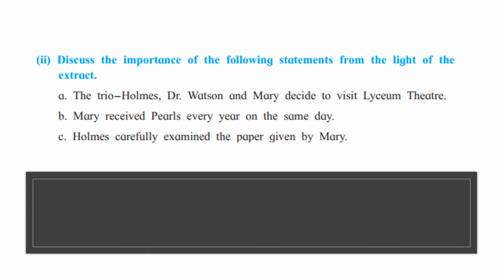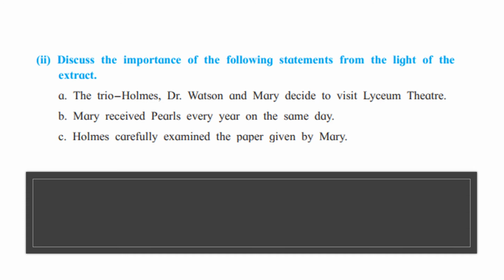Mary gave her address, and ever since she gave the address, she has been receiving a rare and expensive pearl every year on the same date. This continued for some more years, but one day she received a letter and was asked to meet the addresser at the Lyceum Theatre.